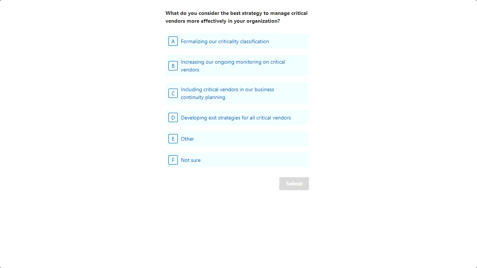So for example, let's say that you're doing a risk assessment on a vendor that provides data destruction services. This vendor would generally be considered high risk because it has access to your sensitive data, and there's probably some compliance risk associated with their service. And if you were to ask this vendor whether their other customers consider them critical, they could very well say yes, even though the service doesn't meet your criteria for critical.